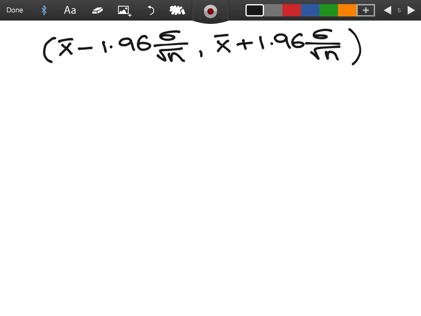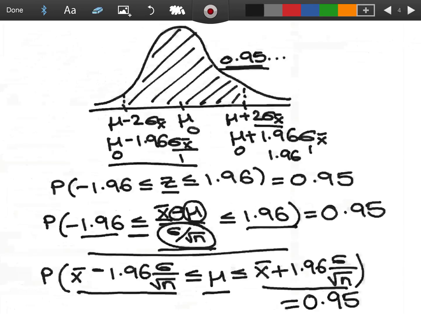So we know that the probability that the mean lies between these two values is 0.95. So we've got a 95% chance that it lies between the two values. We call that 95% a confidence, okay? It's how confident we are that the population mean will lie in that range.